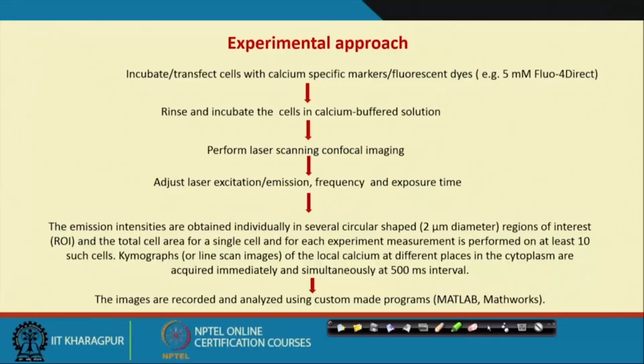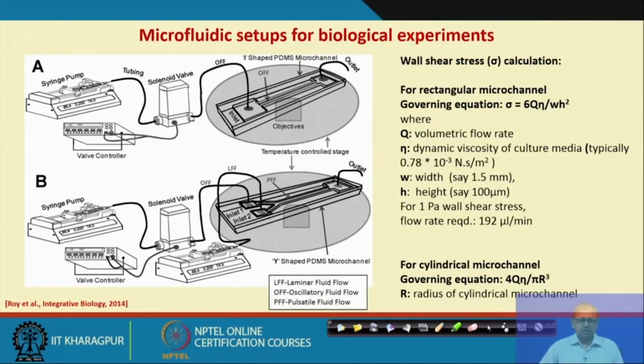For this setup, what type of arrangement should be made? For steady state fluid flow, we can connect the inlet of the microfluidic channel directly to the syringe pump. And for oscillatory fluid flow, the inlet of the fluid channel is connected to the solenoid valve, and the solenoid valve is connected to the syringe pump, and another port is connected to the valve controller.